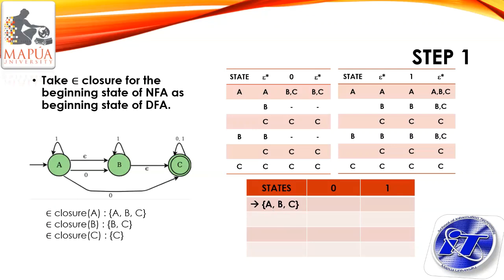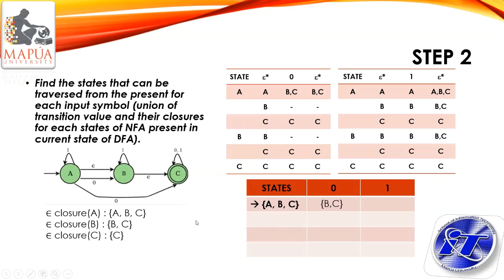At ABC, where will it go at 0? The union will be BC. Then at 1, ABC union BC and C, since BC is part of ABC and C is also part of ABC, so ABC at 1 will just loop within itself.